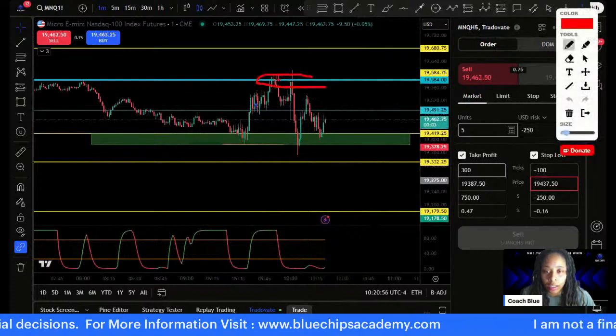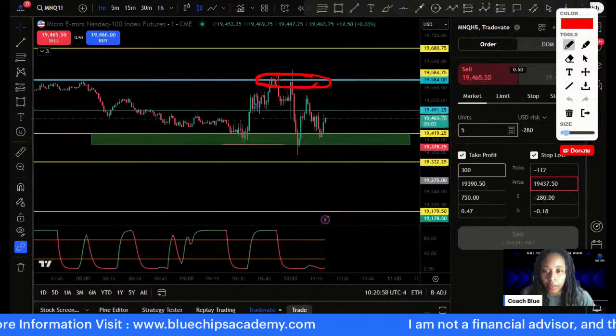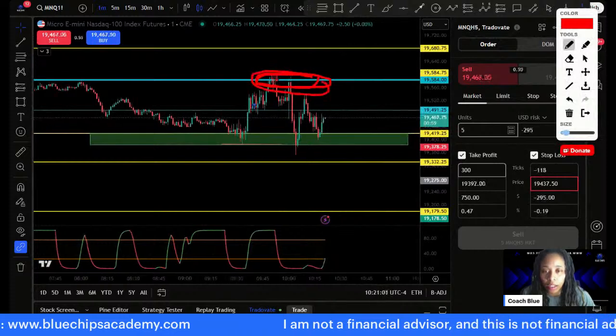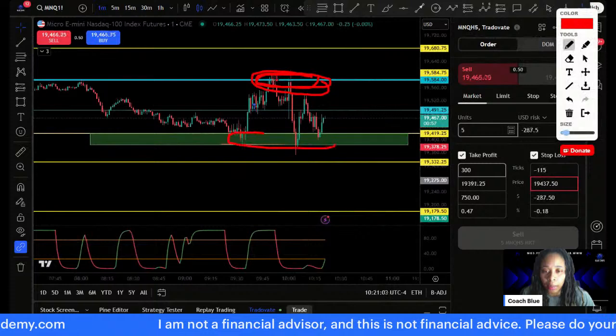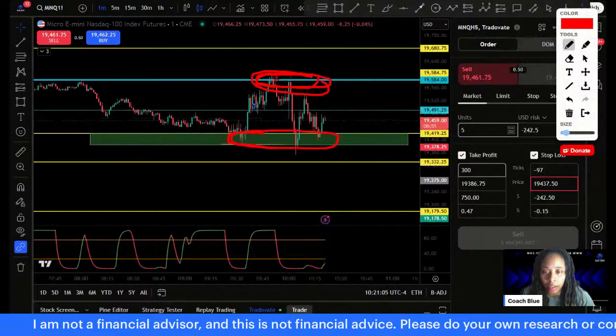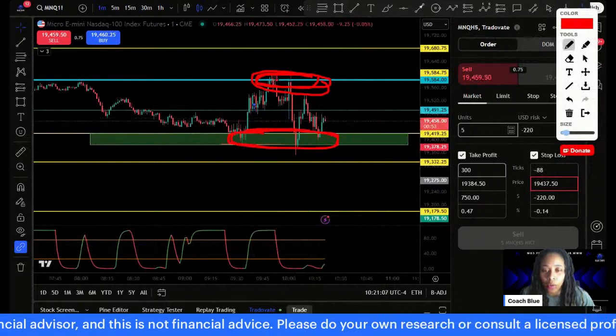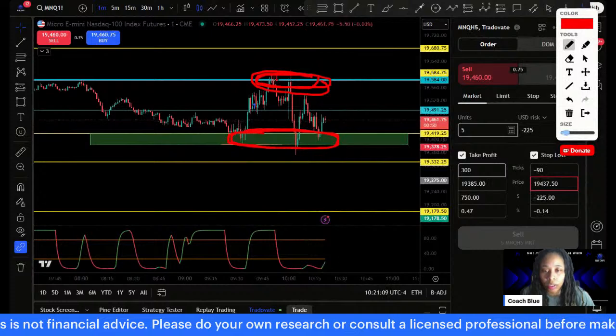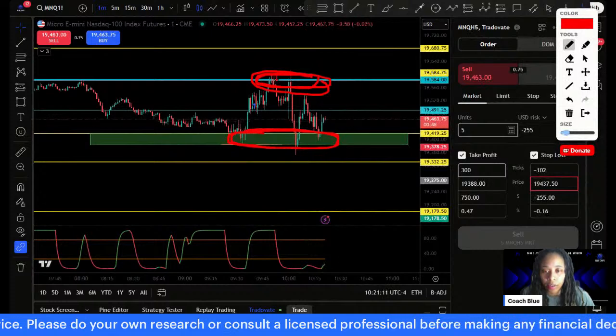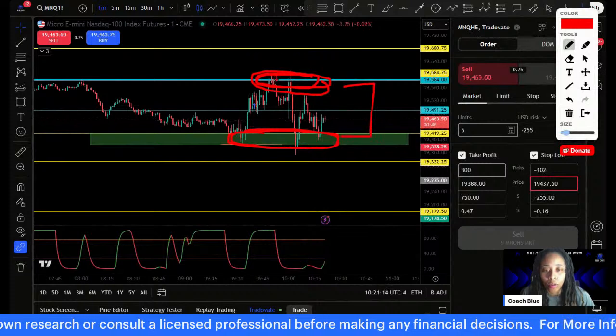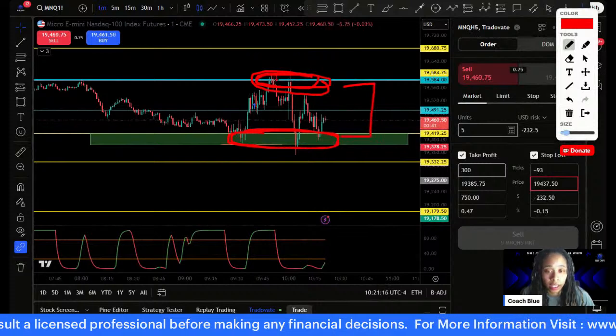Here is people putting in a lot of sell orders. Here are people putting in a lot of buy orders right here. Whoever has the most amount of money based on these areas will choose which direction the market moves.